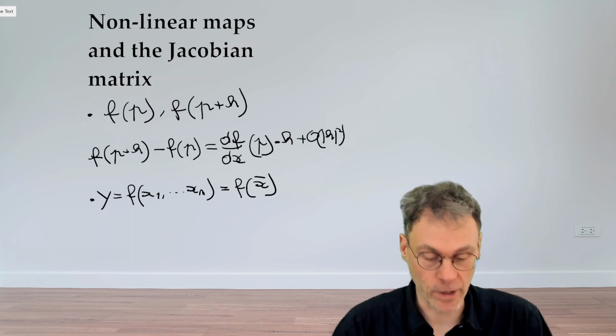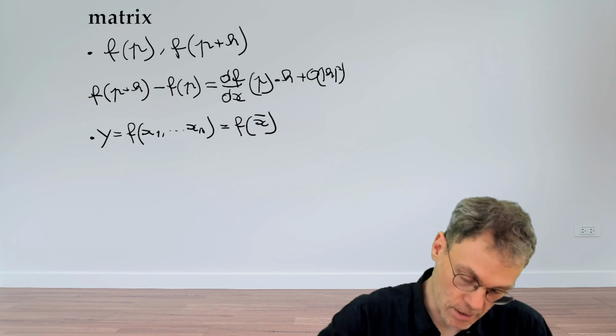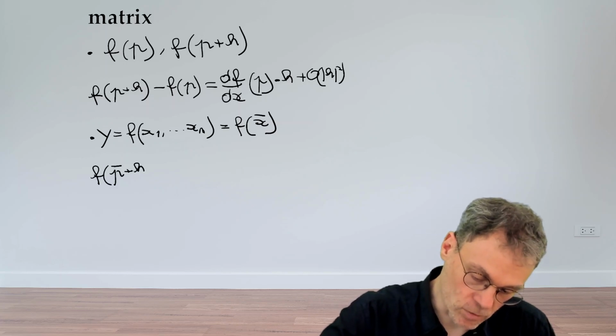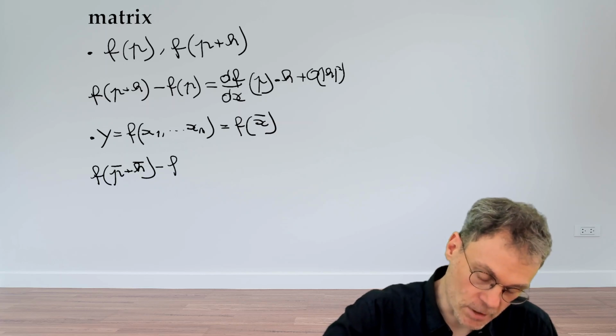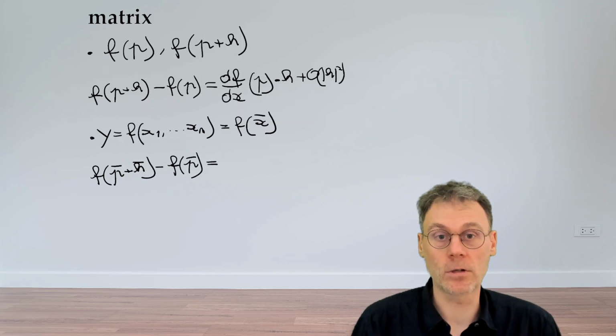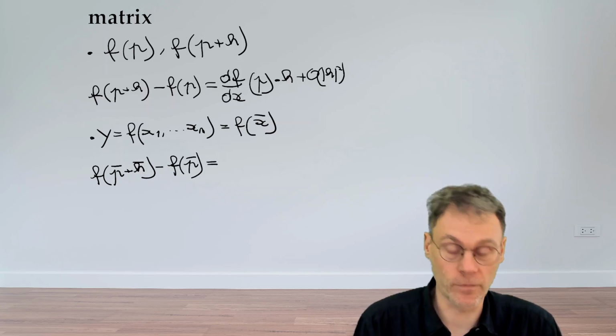Okay, so in a very analogous fashion, now we can write down something like f of p plus h minus f of p, where p is a vector. h is also a vector now. f is still a scalar. Now in this case, you will not have a single derivative. You will have all sorts of partial derivatives with respect to the different coordinates.